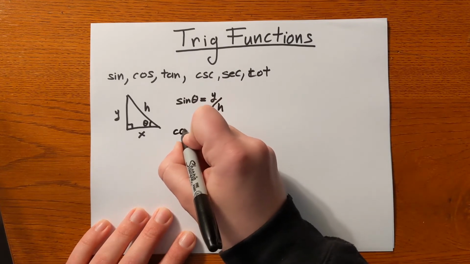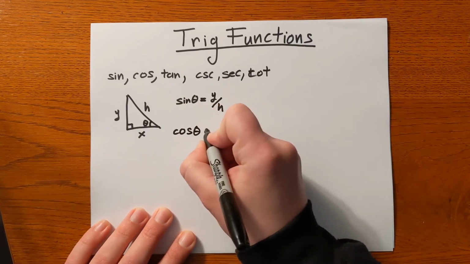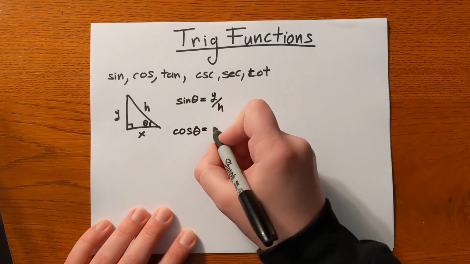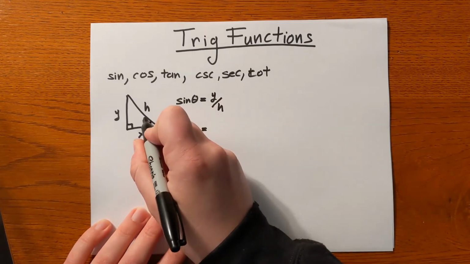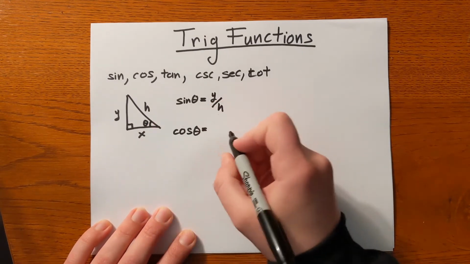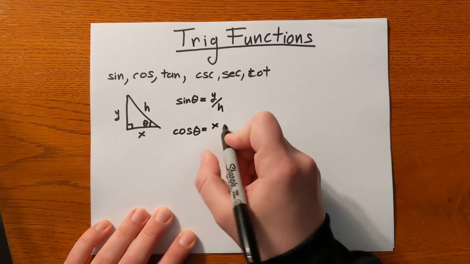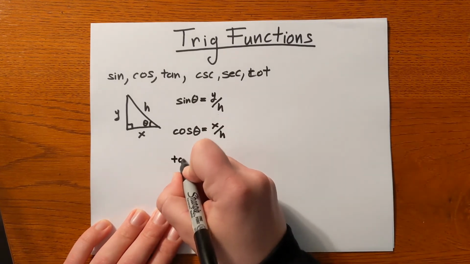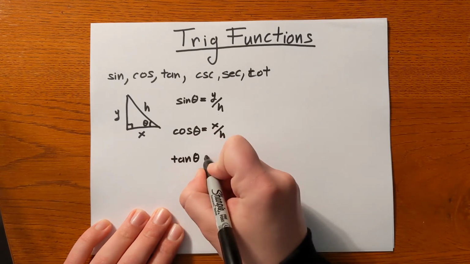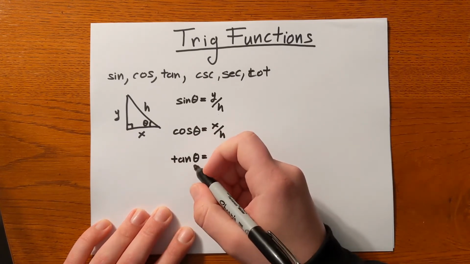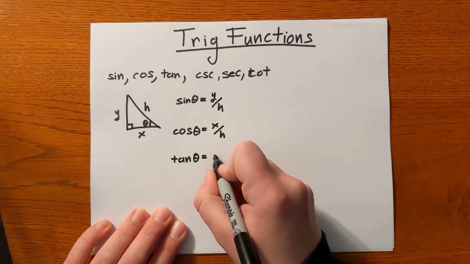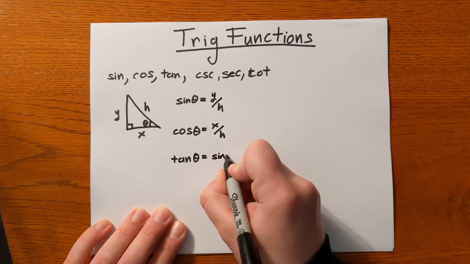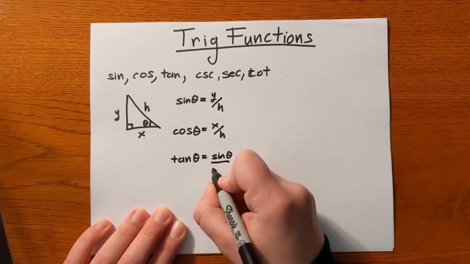Cosine of theta is the ratio of the adjacent side, so this is the angle, this side right next to it, adjacent over hypotenuse. And then tangent is really the ratio of sine to cosine.